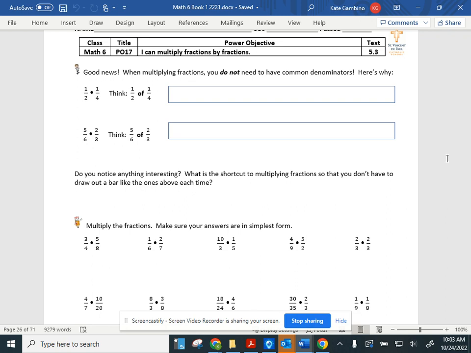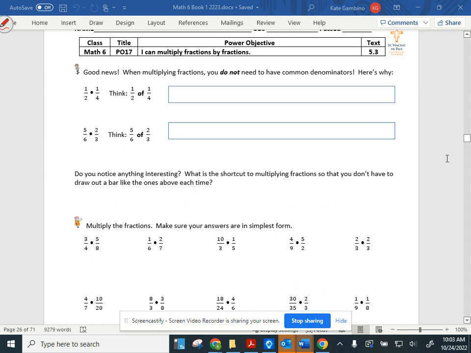So let's look at this big, huge bar. If we're going to multiply 1/2 by 1/4, we're going to think of that 1/2. So if we break that bar into a half, then we want 1/4, we want a half of that 1/4. I said that wrong.